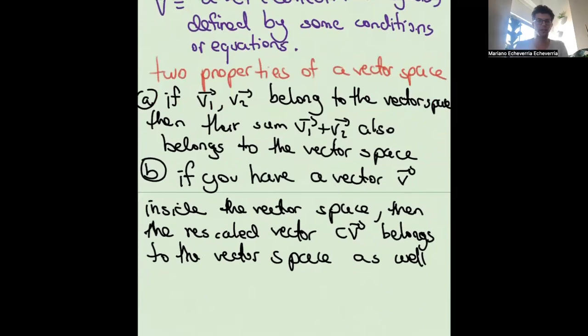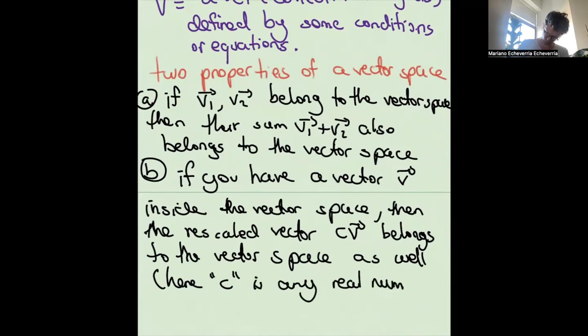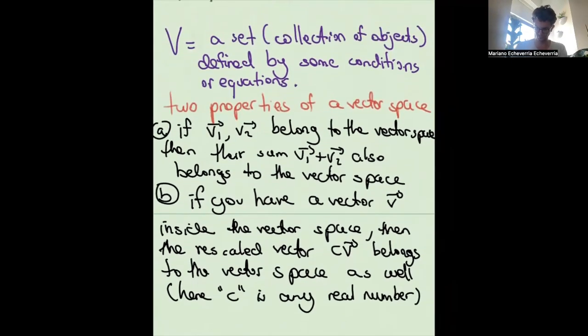Here c is any real number. In general, to check that something is a vector space, you have to check these two things.